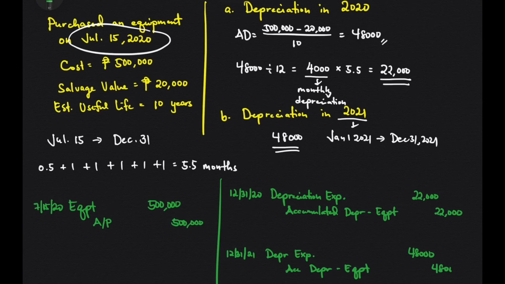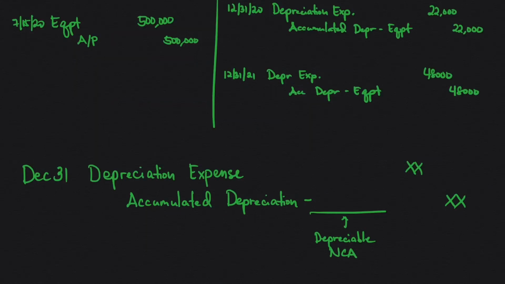This is the adjusting entry in 2021. Again, the pro forma is debit depreciation expense and credit accumulated depreciation. And then write the name of the depreciable non-current asset, for example, building. For the amount here, just write what you have in your computation using the formula.